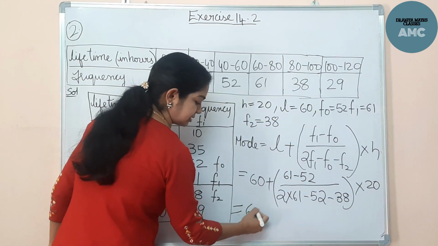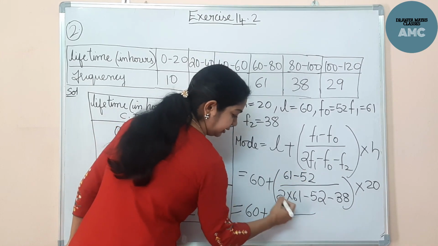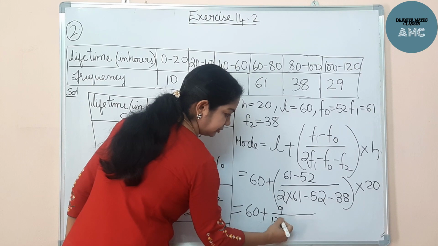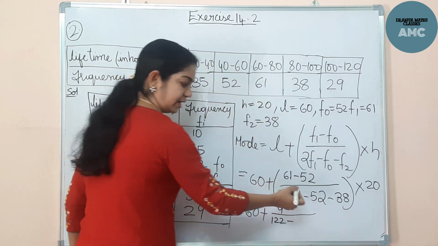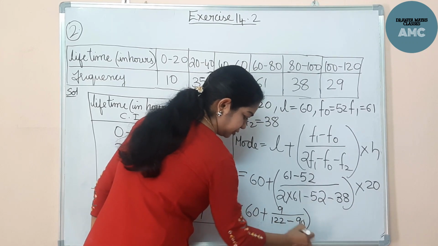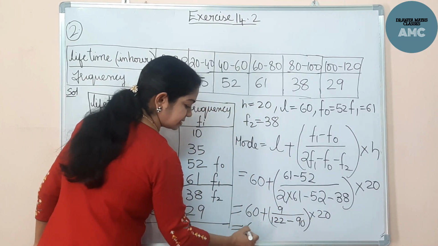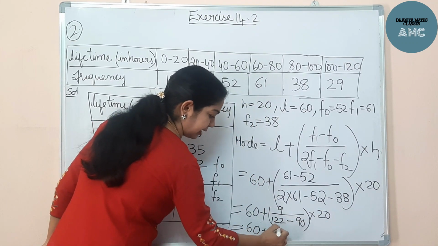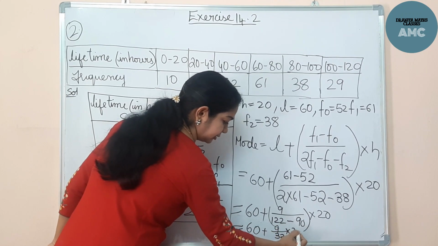Now this comes to 60 plus 9 by 61 2s are 122, minus, if you add them, because minus and minus we have to add, it comes to 90. So into 20. That means 60 plus 9 by 32 into 20.